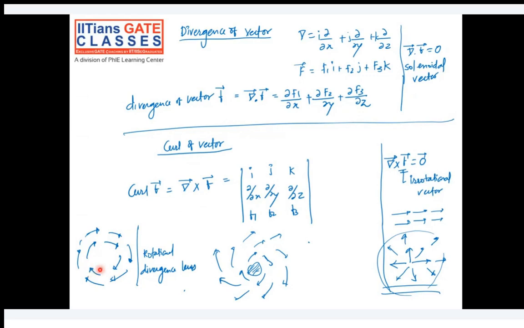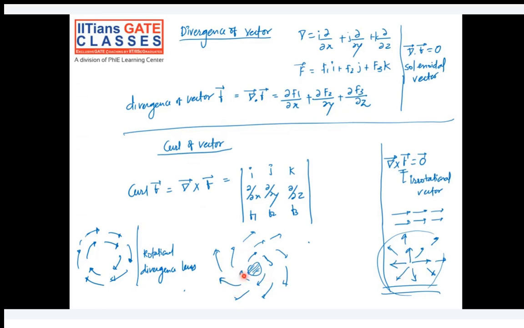No. So this is an irrotational vector field, but it's diverging. But if you look into this vector field, it's rotating also, and diverging also. So in order to analyze the given vector function or vector field, how it looks, whether it's rotational, whether it's irrotational, whether it's diverging or not, that is what we can understand by using divergence and curl.